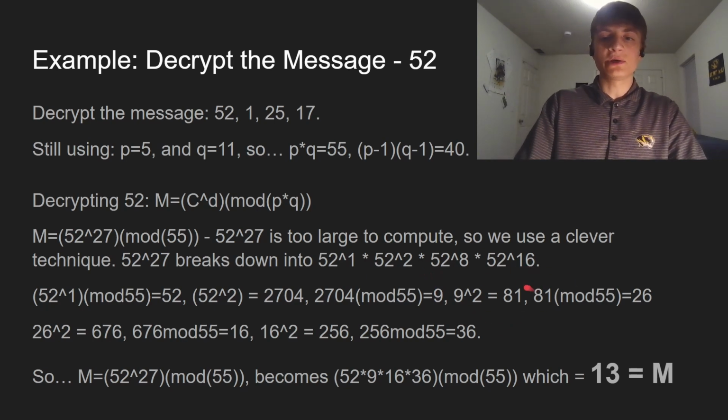We just needed to calculate 52 to the fourth mod 55 so that we could use it to go on to get our 8th and 16th power. We needed to calculate it, but we don't input it into our final calculation because we're only using the binary numbers 1, 2, 8, and 16 and not that 4th power. So we take our result, which was 52, 9, 16, and 36.